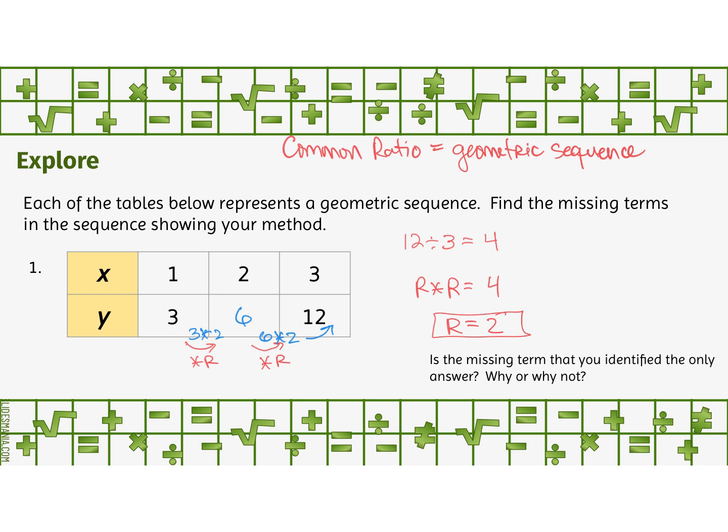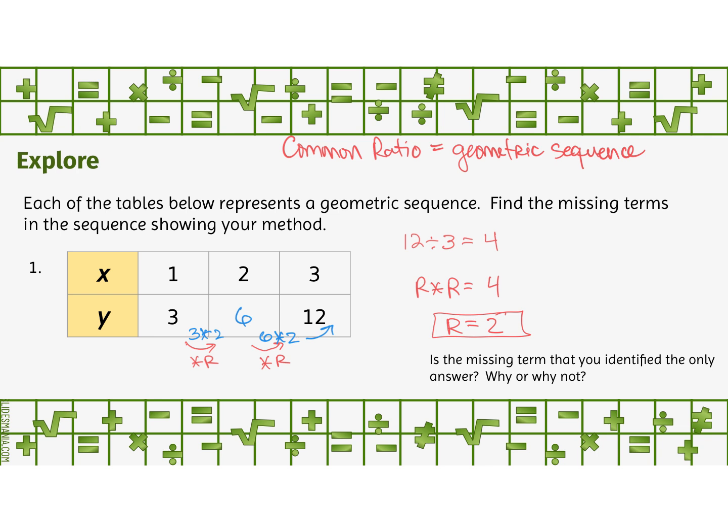But my other question is, is it only 2 that's going to be our answer? Could I put a different number in here and still get 3, something, and then 12, and also have a common ratio? I know it probably has to do with the 2.